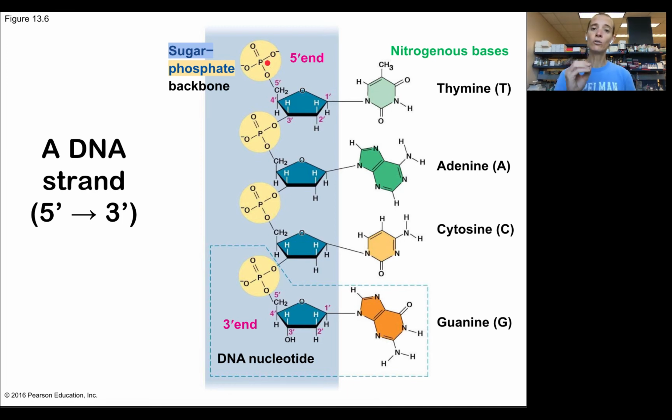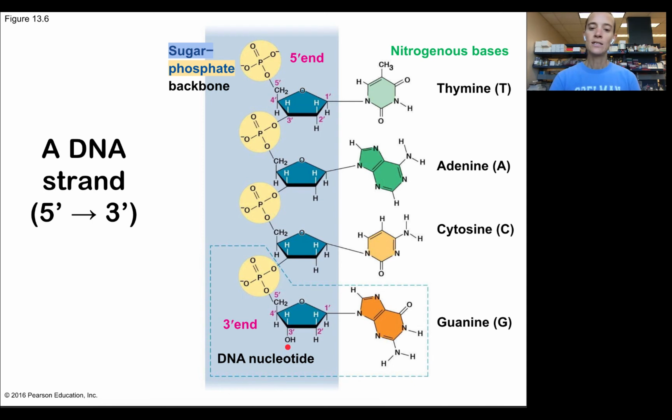So as a general convention, the phosphate will always be on the 5' end of the DNA, and we will start with a 5' end, and then you're going to have phosphate deoxyribose, phosphate deoxyribose, phosphate deoxyribose, phosphate deoxyribose. And it's going to end with the 3' hydroxyl group that is going to be free for the next nucleotide to come and be able to bind at this location. We'll see that with the replication process.